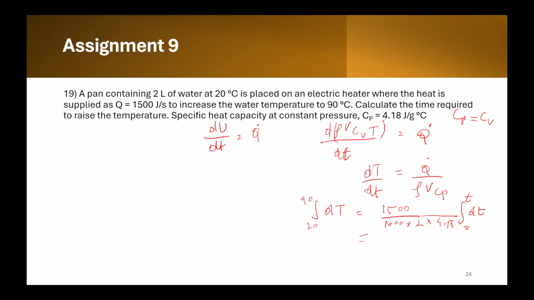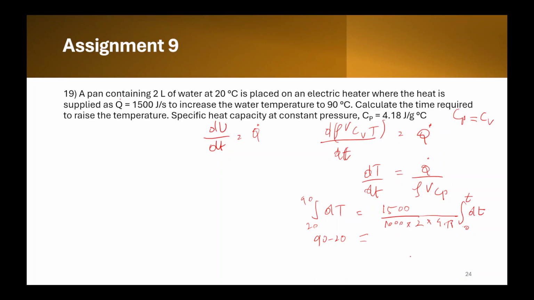The integration of dT will be 90 minus 20 after putting the limits.